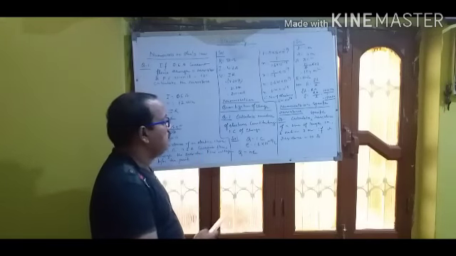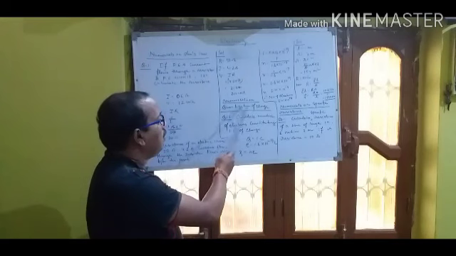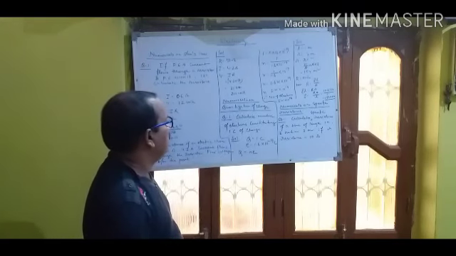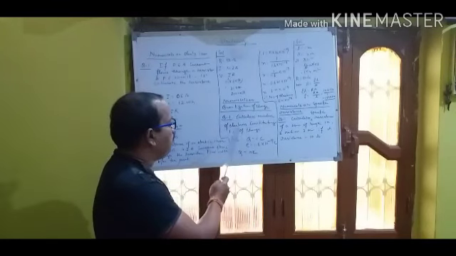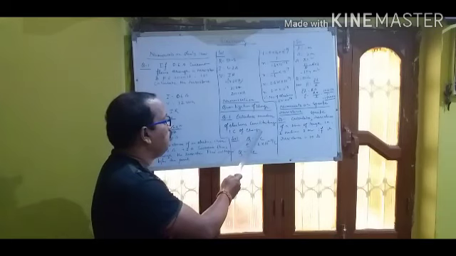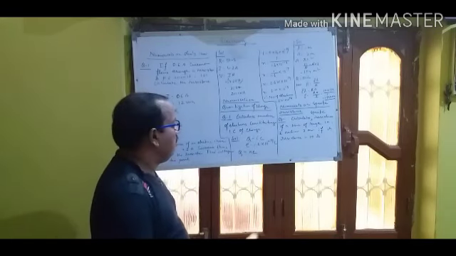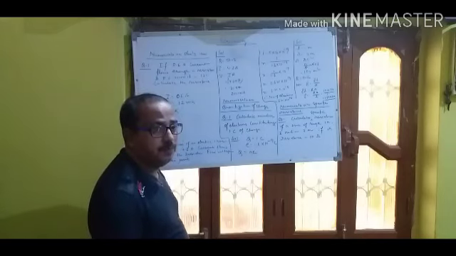Now, one numerical is given on the basis of quantization of charge. See, the question is, calculate the number of electrons constituting 1 coulomb of charge. Here, charge Q is equal to 1 coulomb. It is given.